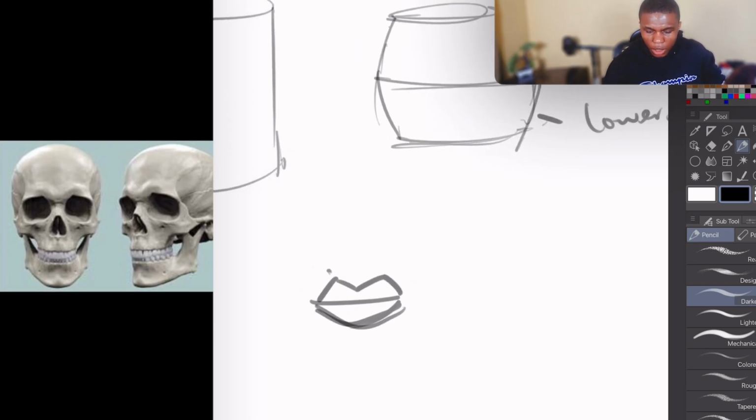You have to try and add a little bit of finesse to make the mouth look a bit more three-dimensional. And what that means is that you should not be drawing thick, consistent lines like this, right? You should add it with a bit of finesse. So there's not going to be lines everywhere on the mouth.